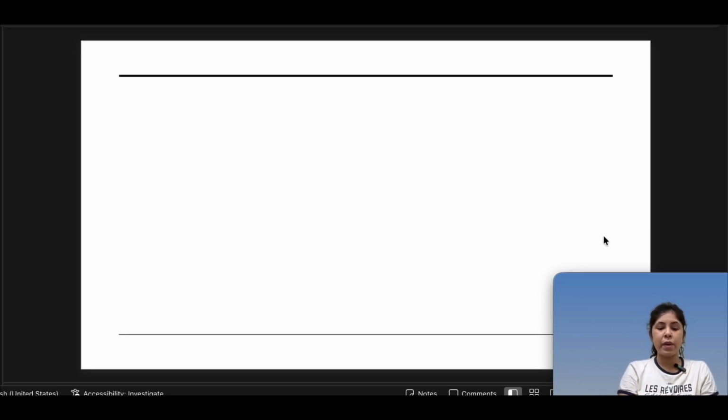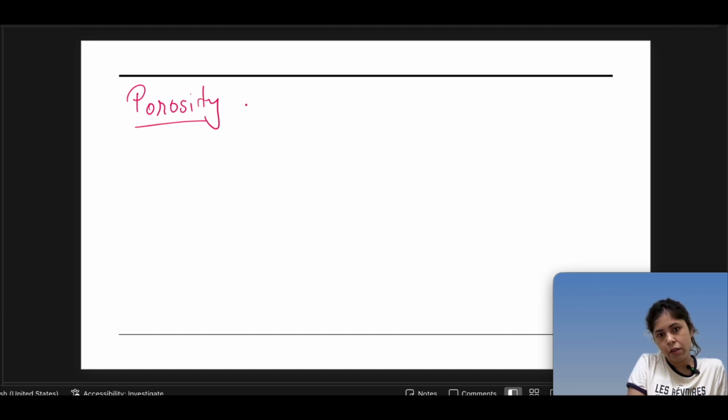Yeah, so I'll explain the porosity formula as well. So porosity is nothing but volume of void divided by total volume.